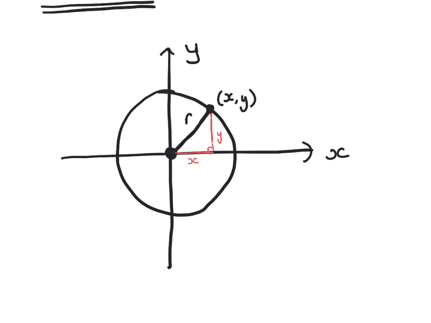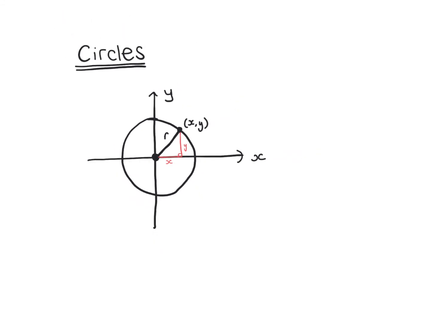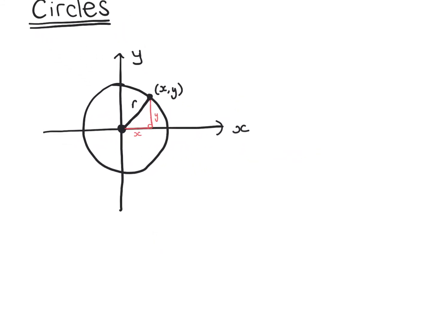And using Pythagoras' theorem, we get the equation of a circle. So if the centre is at 0, 0, the equation of the circle is simply x squared plus y squared equals r squared, where r is the radius.